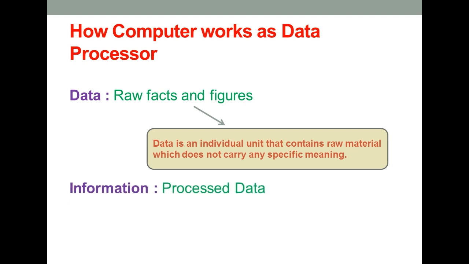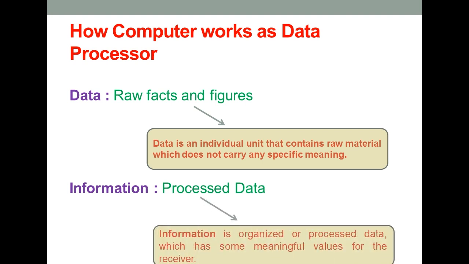Information means the processed data, meaning when the data is processed, then it will be known as information. Information is organized or processed data which has some meaningful value for the receiver. That means the processed data obtained as output of data processing is known as information.